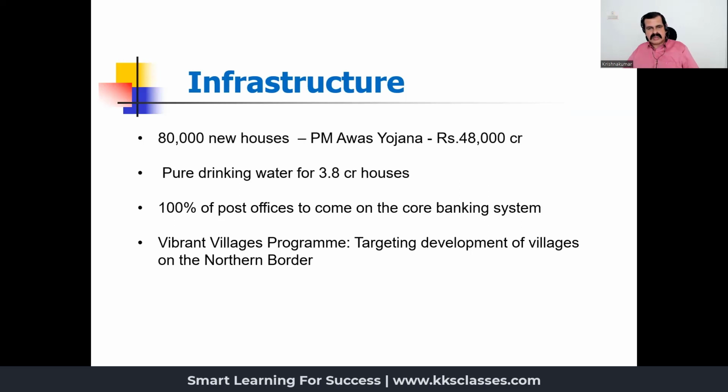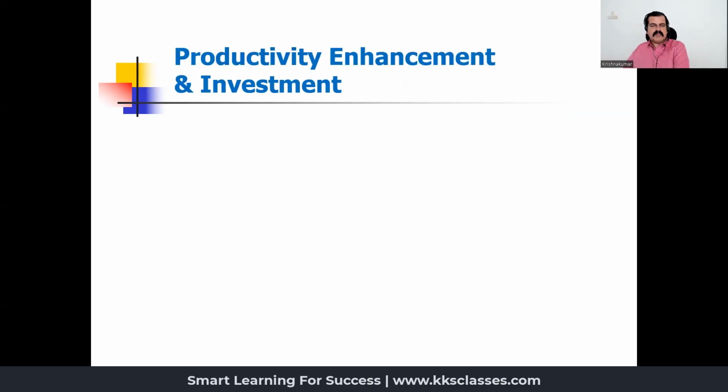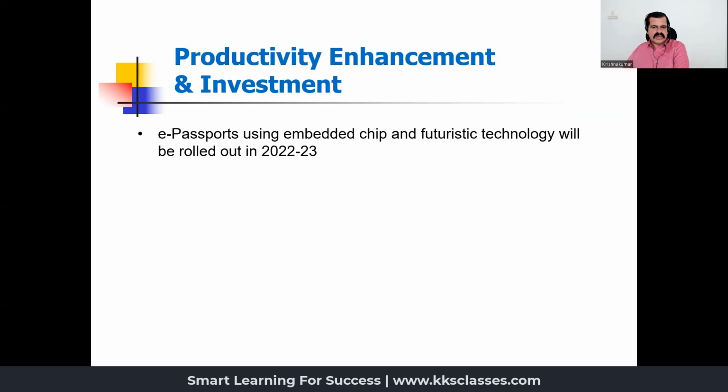This particular scheme has been announced, and it will start off with villages in the border areas in the northern sector, wherein basic infrastructure like good roads and good sanitation facilities, and even to the small extent of having good Doordarshan TV connection, even as basic as that, would be provided to these villages. Productivity enhancement and investment would be brought in through various schemes, the first of which would be e-passports.